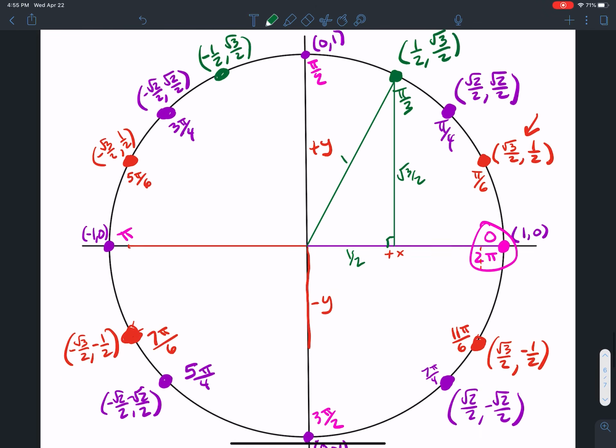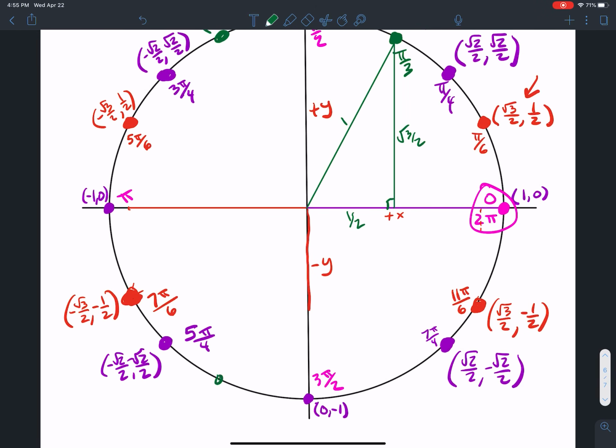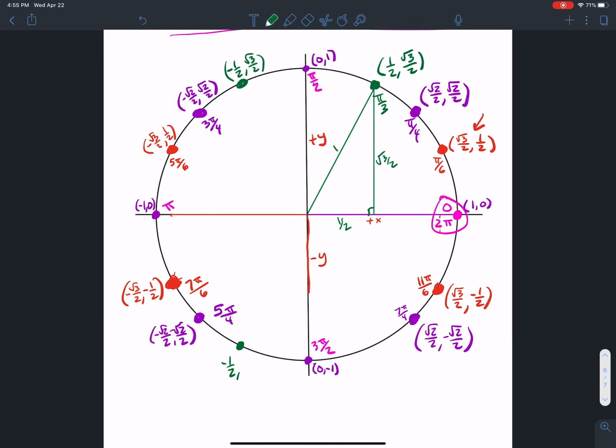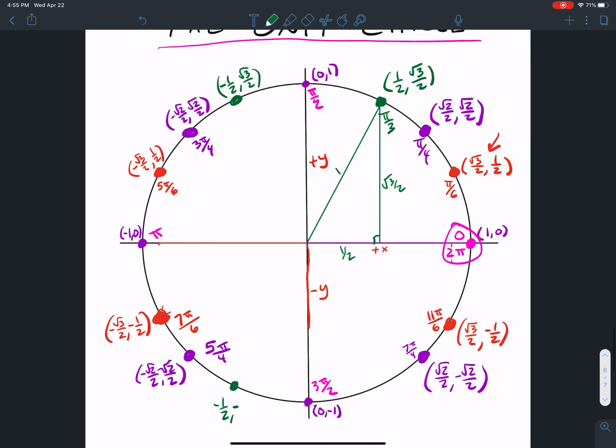Down here, it's negative 1/2 and a negative square root 3 over 2. And over here, it's a negative y and a positive x. So that's a 1/2 and then a negative square root 3 over 2. And so now I need to get my angles.